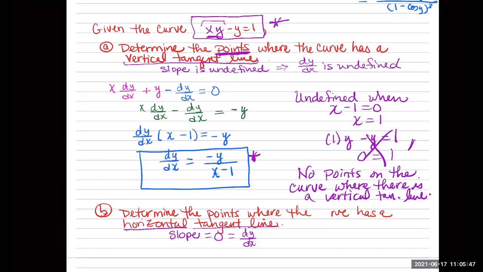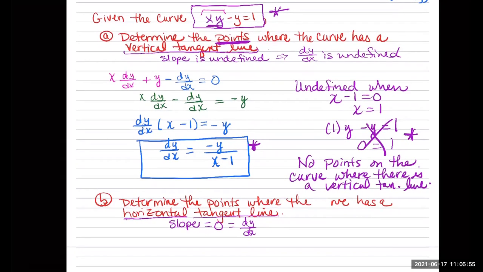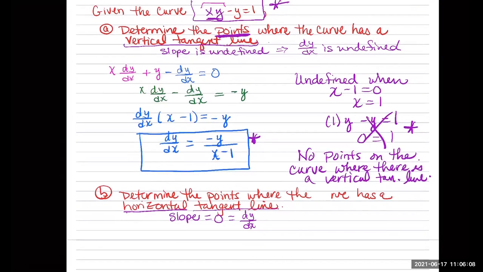So lots of times when you do that, of course, you're going to get some value for y, so you would have an ordered pair. So let's see what happens when we find the next one. We're supposed to find out where we have a horizontal tangent line. Well, to find that place, you will always take your derivative and set it equal to 0.